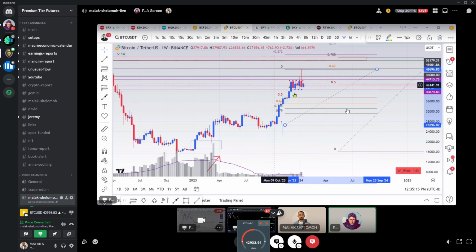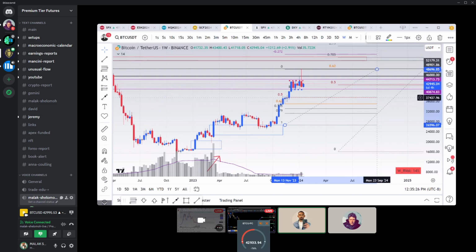We would want to see something in the 50 to 62%. So that's 37. I think 37 is totally within striking distance. It's what everyone's talking about, what everyone's expecting.